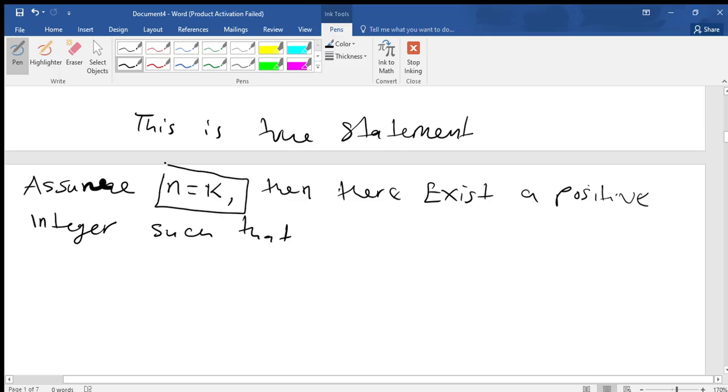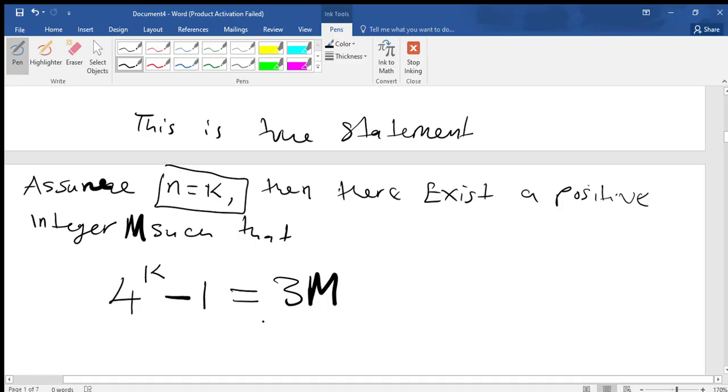So if n is equal to k, we are going to assume there is a positive integer m. Remember the expression 4 power n minus 1, but n is equal to k. So we are going to have 4 power k minus 1 equal to 3 multiplied by m.